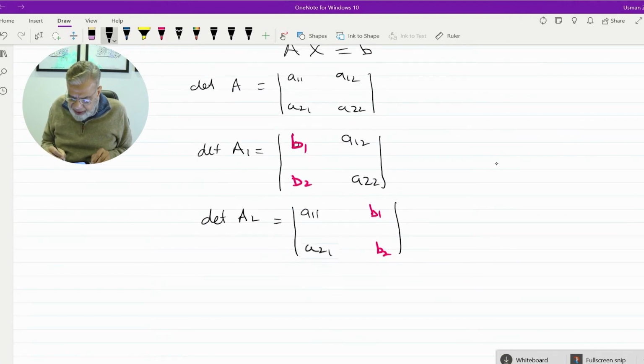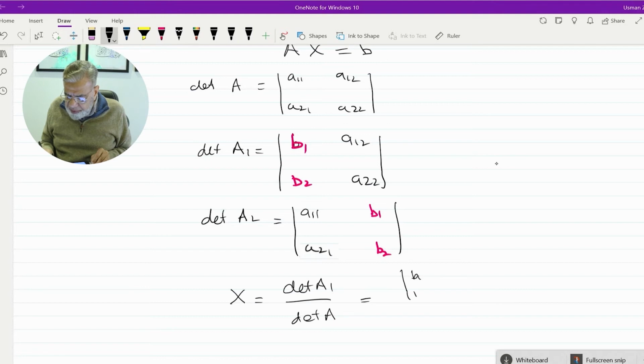So I can find my x. What's my x? My x is equal to the determinant of A1 over the determinant of A, and that's equal to the determinant A1, which is B1, B2, and A12, A22, over the matrix A11, A12, A21, A22.